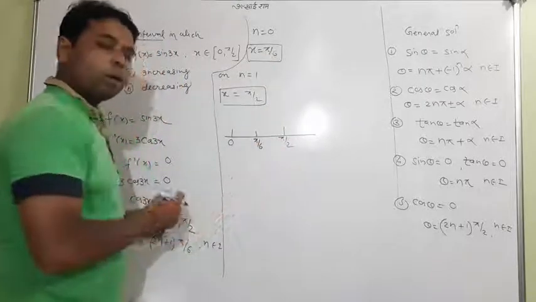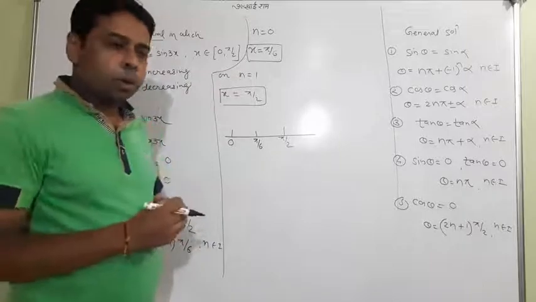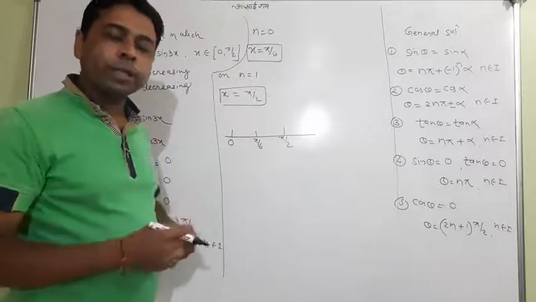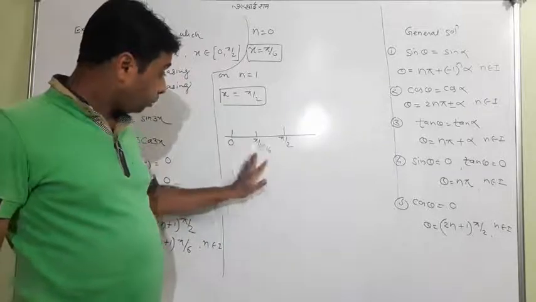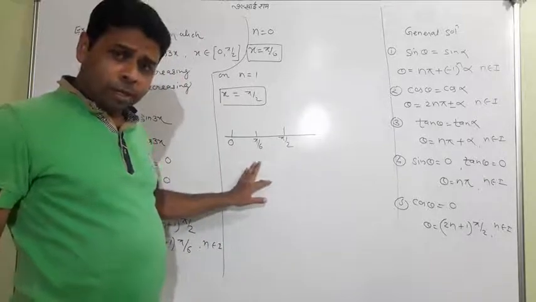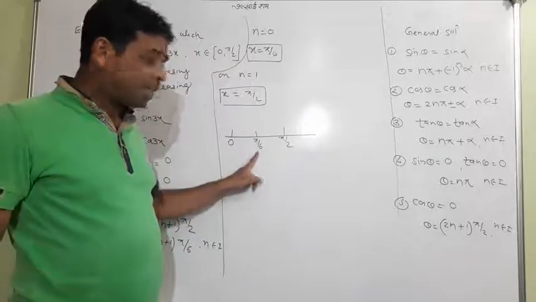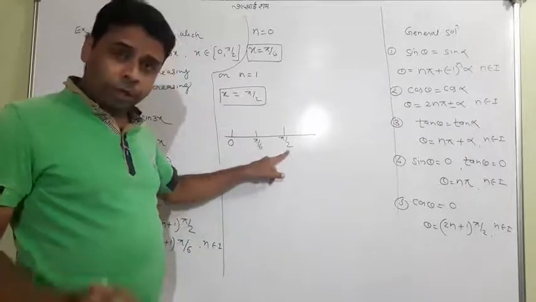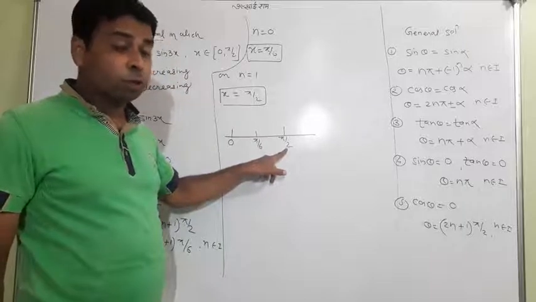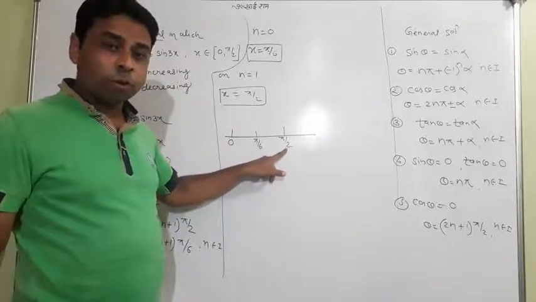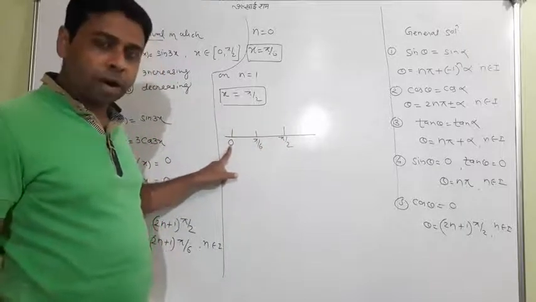This time pi by 6 is a critical point, pi by 2 is a critical point, and these are the special points where f dash x is equal to 0. And 0 we will check afterward.